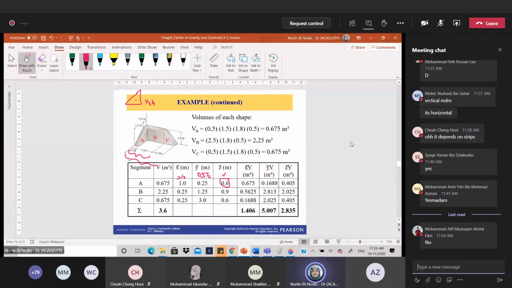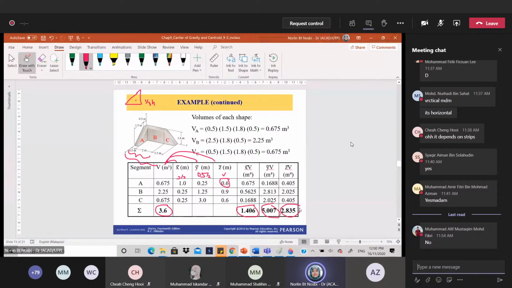So now you need to find the x tilde times v, y tilde times v, z tilde times v. So you just divide this one times, and then you will get this value. So step 4, we need to do the summation of the column. So for volume, you have to do the summation, and then for x, and then for y, and then for z.